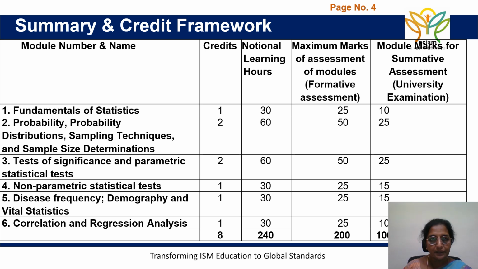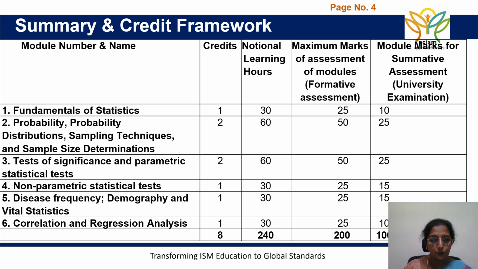It carries 2 credits with 60 notional learning hours, 50 marks for formative assessment, and 25 marks for the summative assessment. Coming to the third module, test of significance and parametric test, it carries 2 credits, 60 notional learning hours, 50 marks for formative assessment, and 25 marks for the university examination.